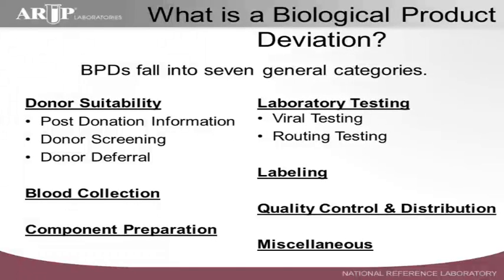So the things for biologic product deviations generally fall into some broad categories. So donor suitability, so post-donation information. The donor comes, they donate. A year later, they come back and they're like, oh yeah, I did go to Mexico. I was in the military and was in England in 1987 or whatever it was.